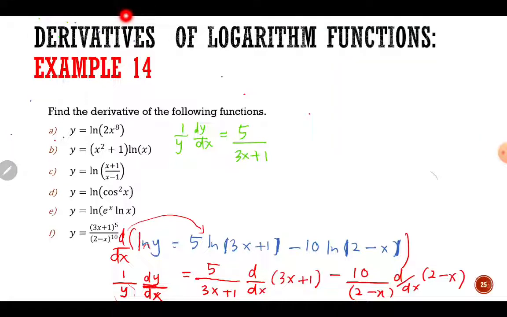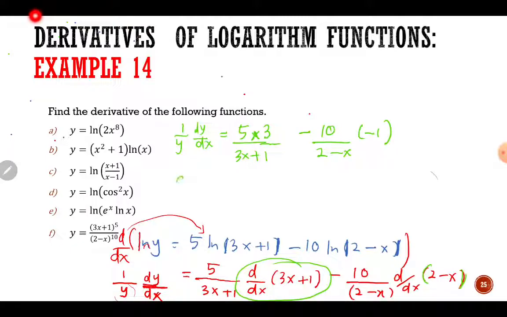Okay, differentiate of 3x plus 1, maknanya you darab dengan 3 je lah. Differentiate 3x plus 1 dapat 3 kan. Ni bukan 5.3, ni 5 darab dengan 3. And then minus 10 over 2 minus x. And differentiate 2 minus x. Differentiate 2 is kosong. Negative x dapatlah negative 1.